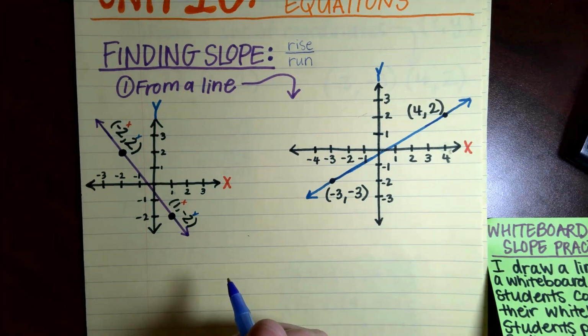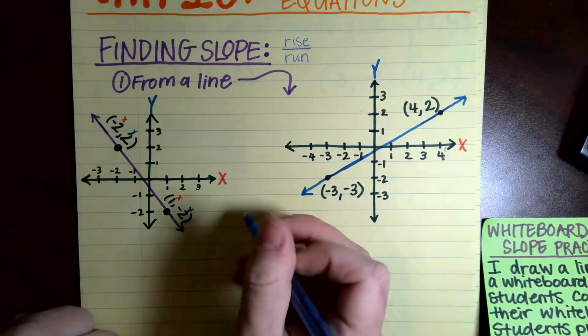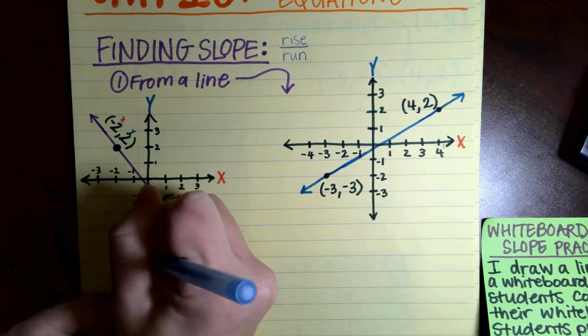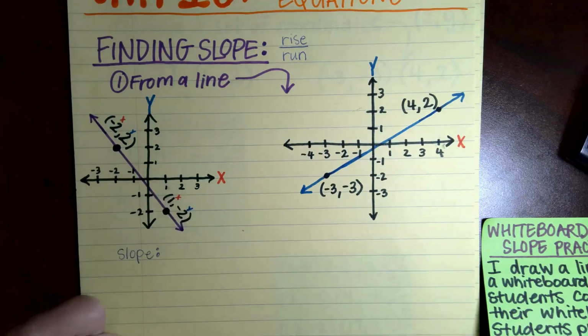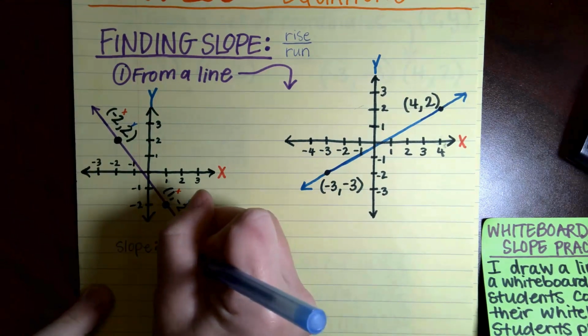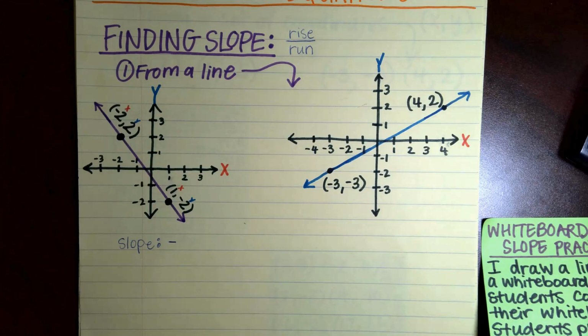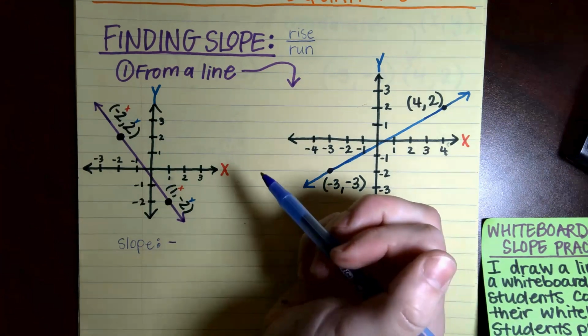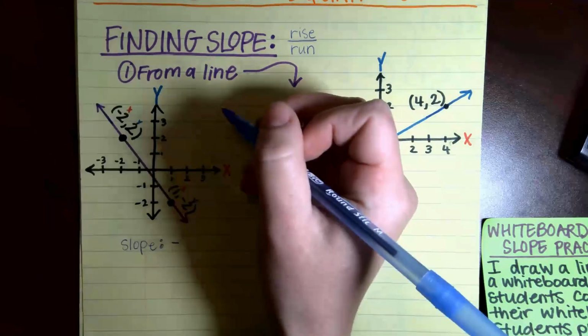It's going to be a negative slope since it's pointing down. So at the bottom here, I'll write my slope with a little colon, and I'm going to write a negative in because I know I'm going to get a negative slope. Now all we need to do is count our rise and our run.